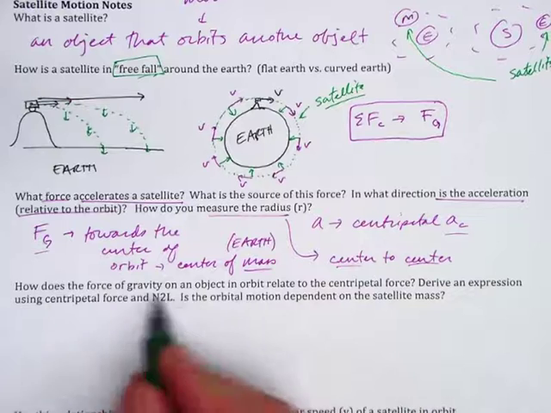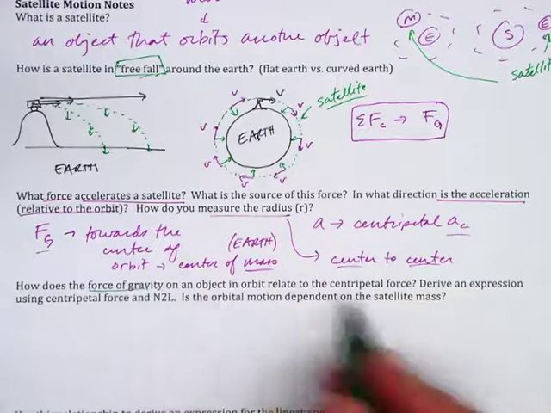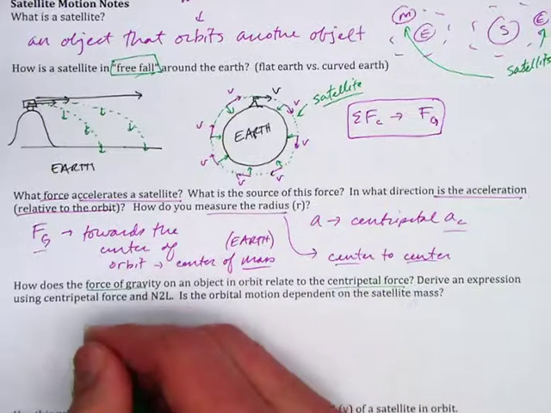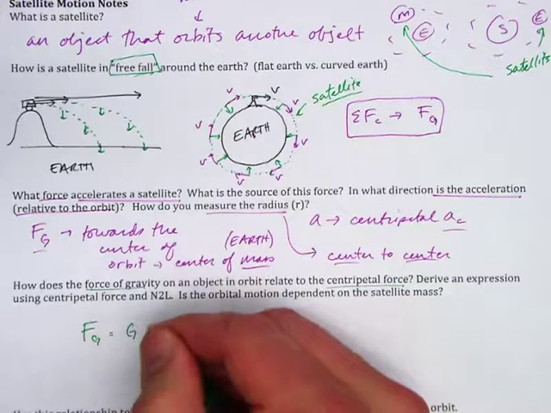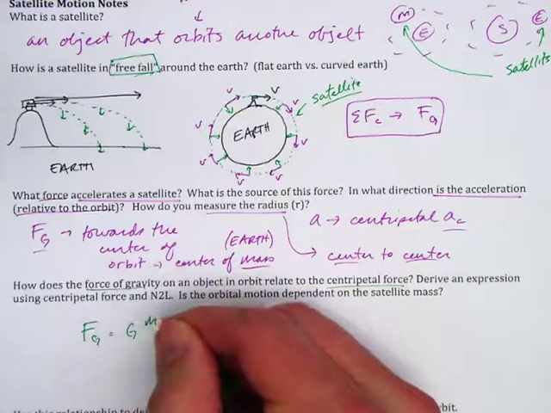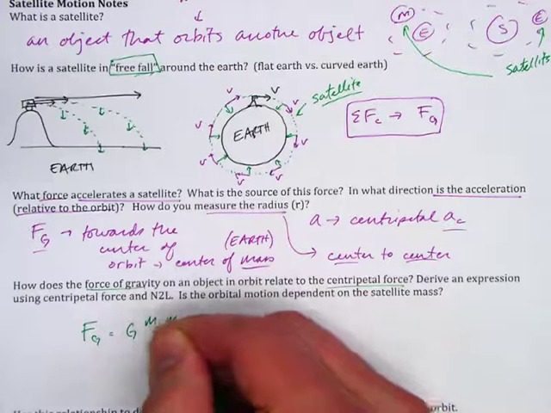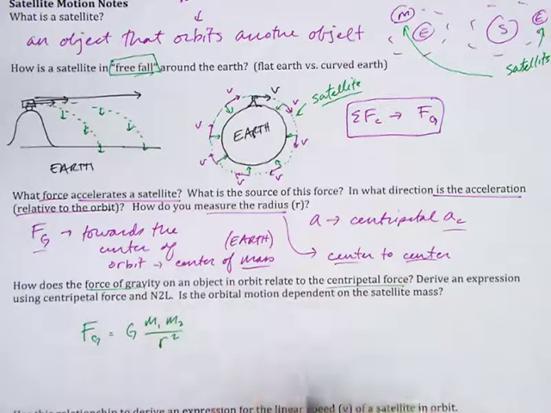So how does the force of gravity on an object in orbit relate to the centripetal force? Well, we know that we can quantify the force of gravity between two objects as the universal gravitational constant, the mass of object 1, the mass of object 2, and the distance between those two squared.